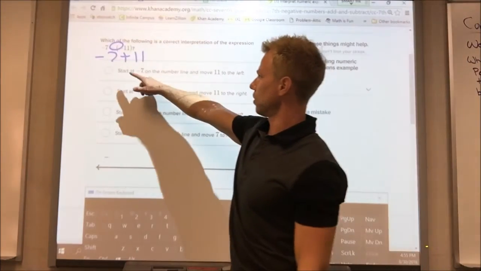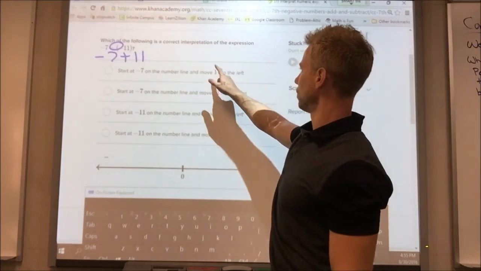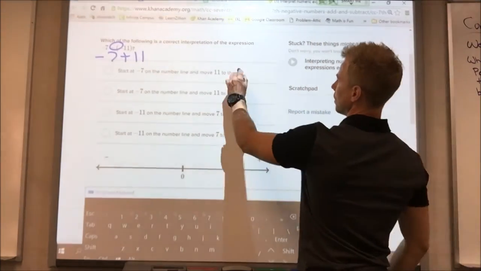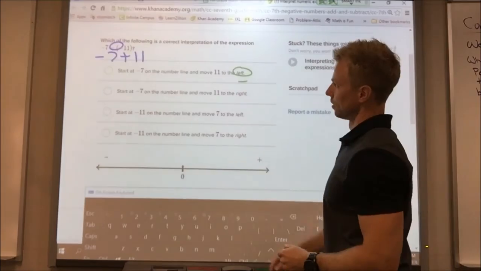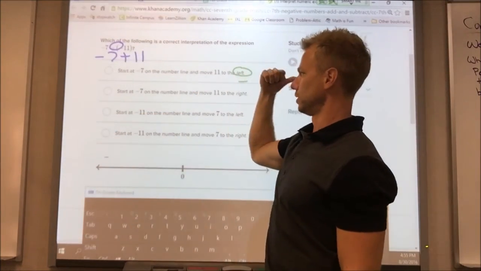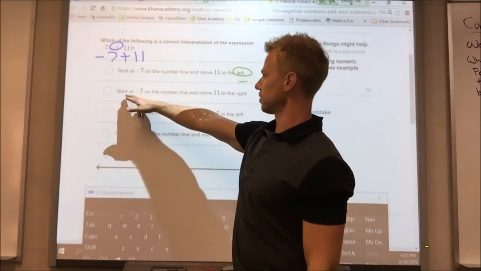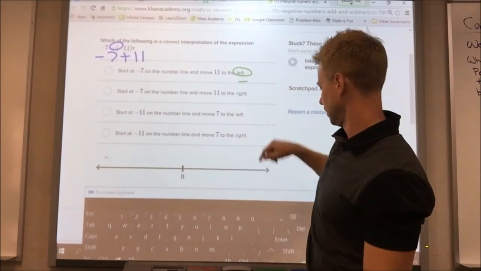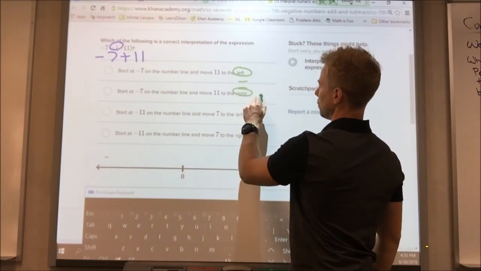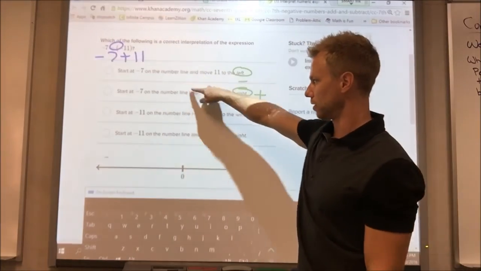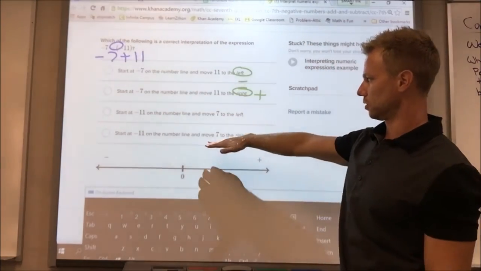So let's read that again. Start at -7 on the number line and move 11 to the left. Now left means negative. But we have a positive 11, so we're not going to the left, we're going to the right. This says start at -7 on the number line and move 11 to the right. Right means positive. So that one seems to be the one that fits so far. Let's check the other two.